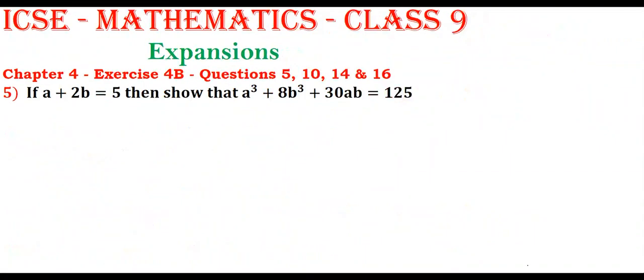Please refer. Question 5. If a plus 2b equals 5, then show that a cube plus 8b cube plus 30ab equals 125. So here we will see this. Here a plus 2b and here a cube and 8b cube. This looks like the cube of a plus 2b the whole cube.